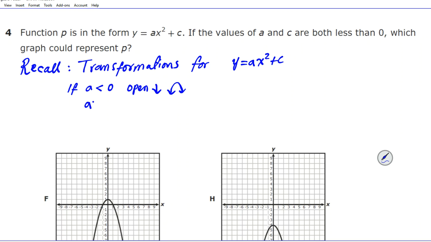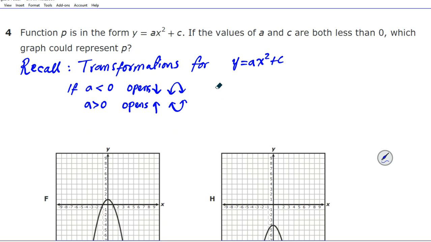Okay, if a is greater than 0, basically a is positive, it tells us that the parabola is happy. It opens in the upward direction, so we have a happy parabola. Okay, so that's one of the transformational impacts that a has. Okay, a also causes dilations to happen, but in this particular case, we're just focusing on reflections.